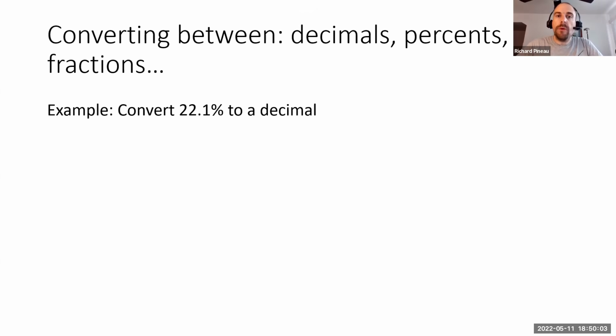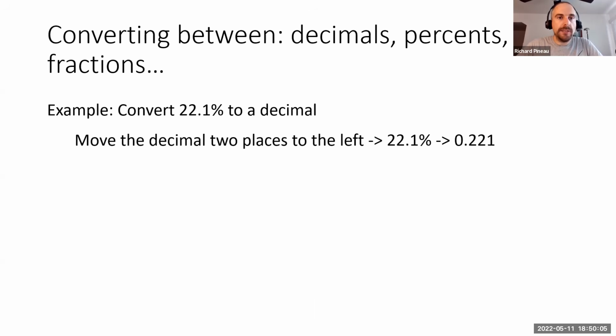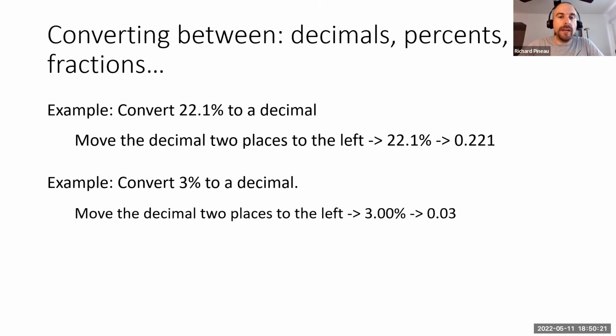How about 22.1% to a decimal? Okay, same idea. Move the decimal 2 places to the left. So 22.1%, 2 decimal places to the left, becomes 0.221. How about 3%? Same way, 3% moves the decimal 2 places to the left. We're left with 0.03.